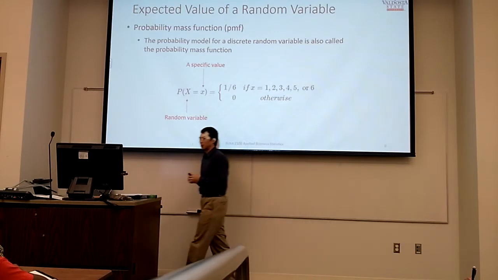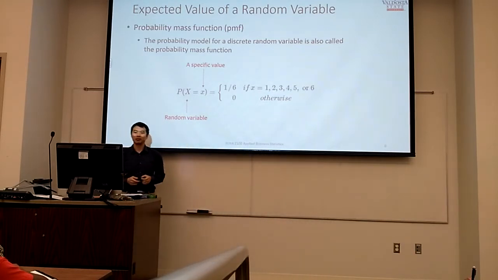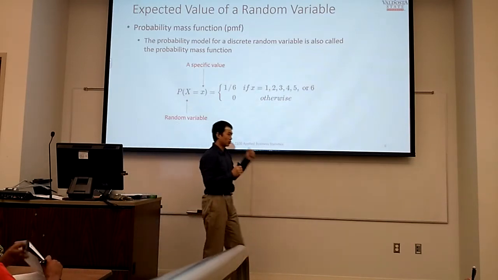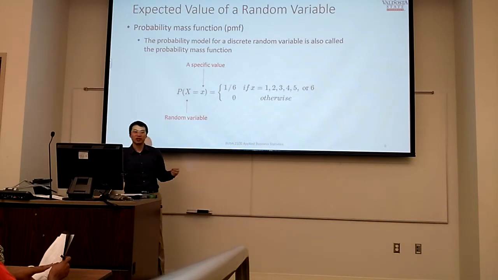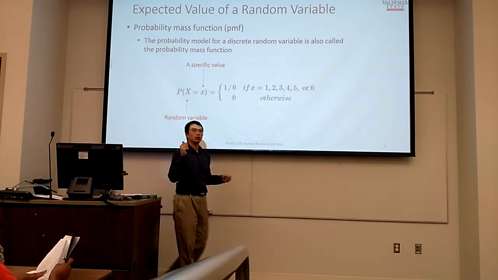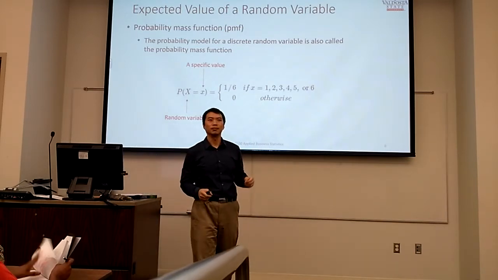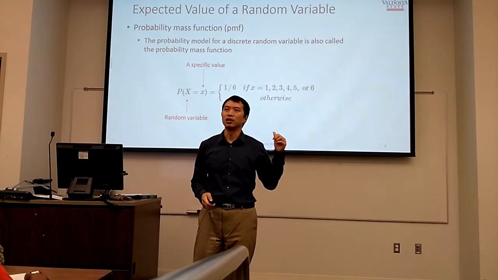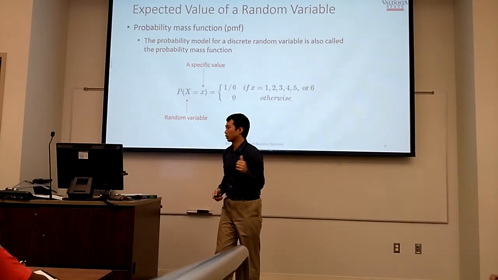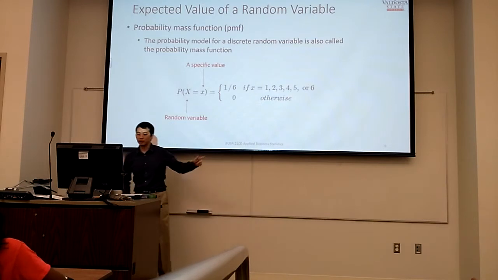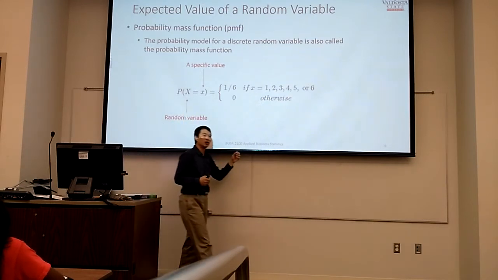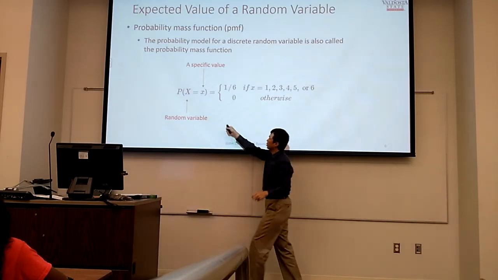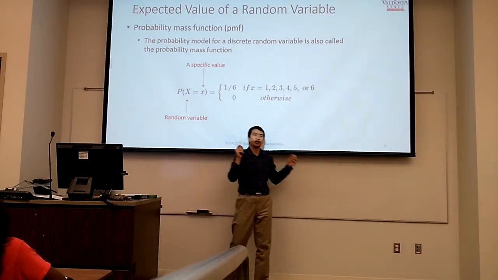PMF, probability mass function. That is the function to describe the probability that the random variable equals a specific value, and that is for discrete random variables. In this example, the capital X is our variable, and the small x is the specific value.